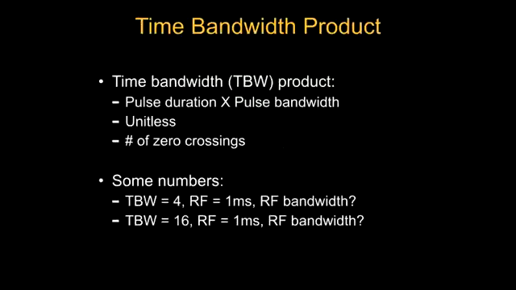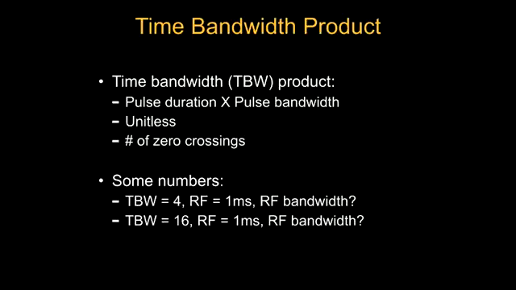Another thing you have to understand in terms of excitation pulses is the term called time bandwidth product. As the name says, it's time multiplied by bandwidth, where bandwidth is the RF bandwidth. So it's basically the pulse duration multiplied by the pulse bandwidth. The number doesn't have any unit, but it means a lot in terms of the quality of your slice profile. You can calculate the TBW, or time bandwidth product, as the number of zero crossings in the sinc pulse.